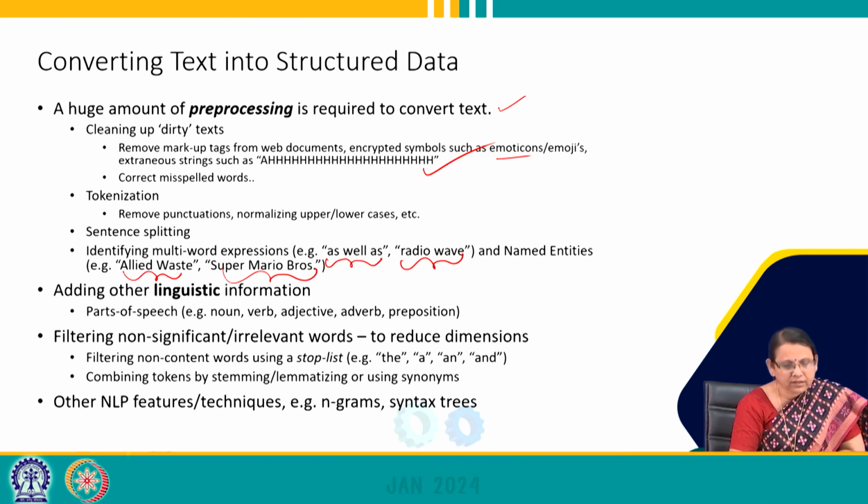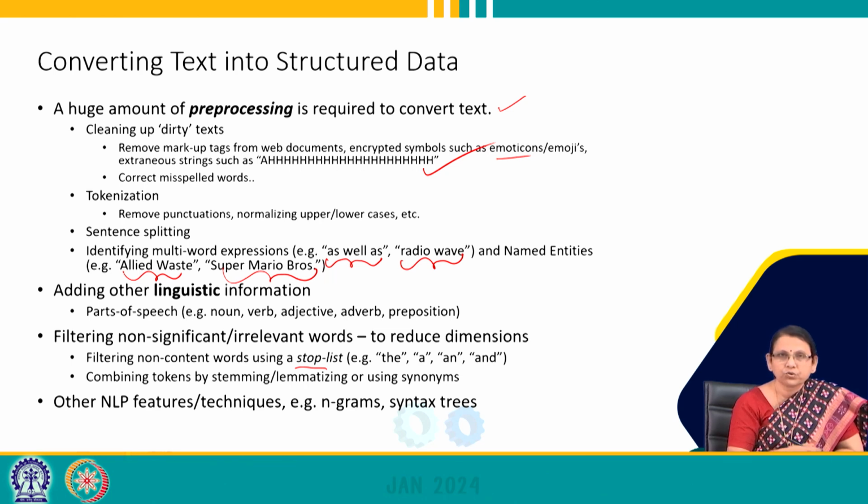Now, you also have to filter non-significant and irrelevant words. Those non-significant and irrelevant words are called stop words. These stop words are those which are very frequently used and very generic, so that they do not have any distinguishing power. So, you have to remove them.